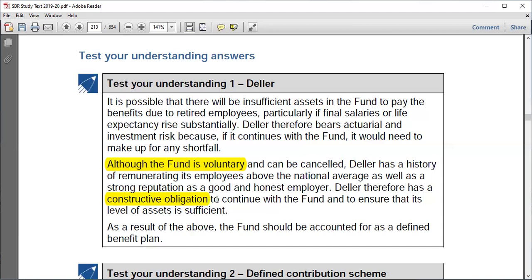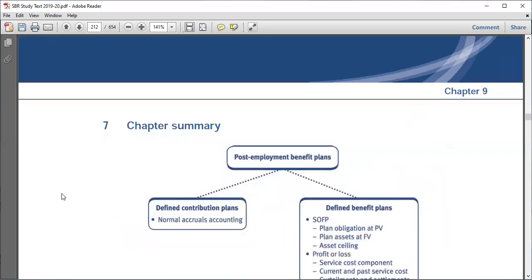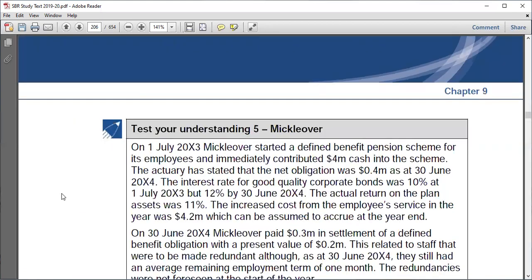So they have a constructive obligation to continue the fund and ensure that its level of assets is sufficient. So we find out that this should be a defined benefit plan. That's just a way of taking a look at questions and making a decision.